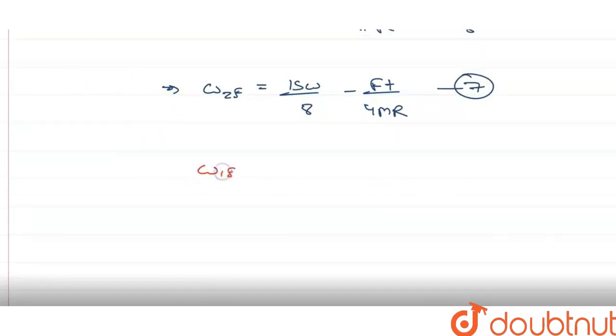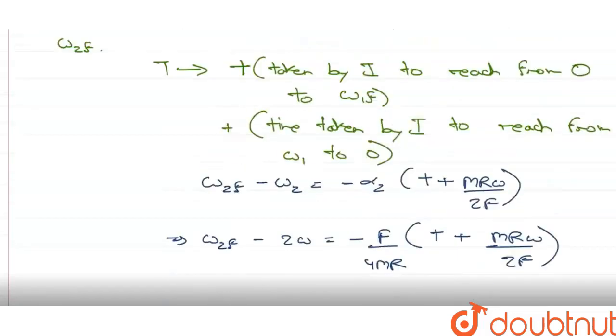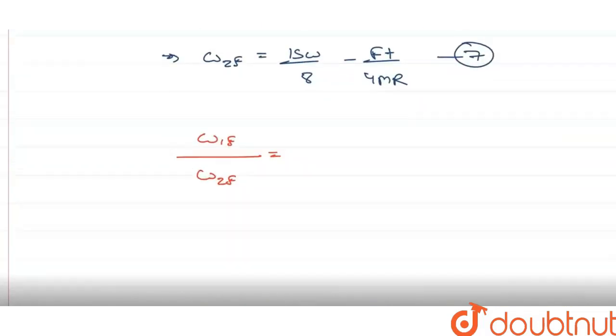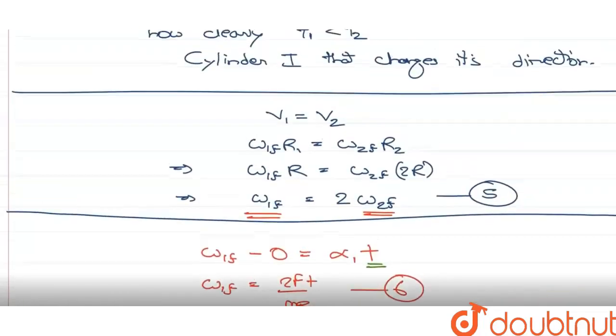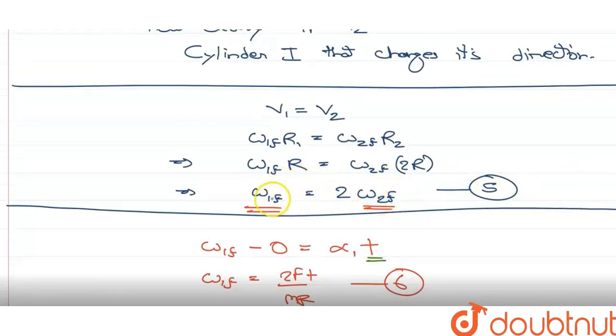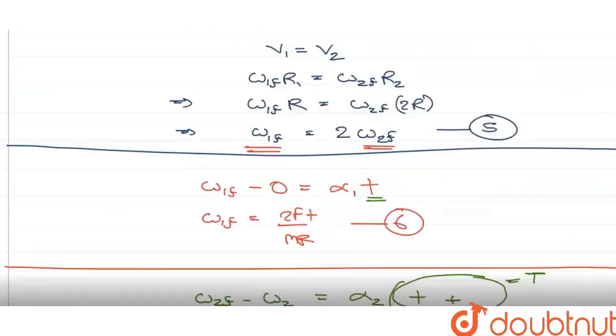Omega 1 final upon omega 2 final is equal to 2ft by mr upon 15 omega by 8 minus ft by 4 mr, and from equation number 5, omega 1 final divided by omega 2 final is equal to 2.